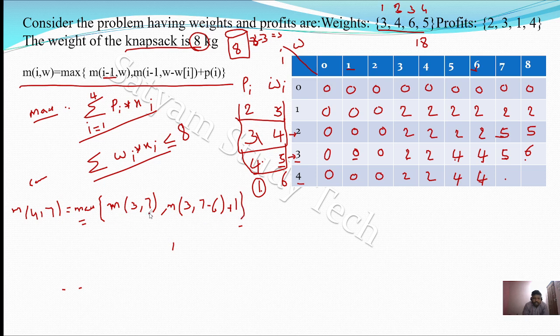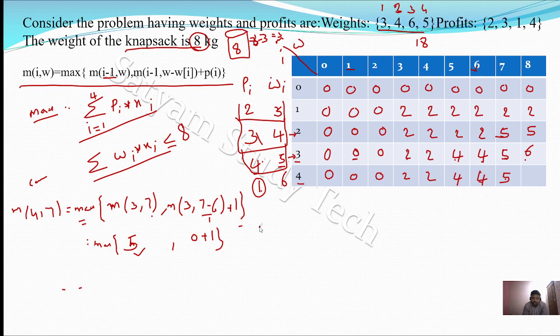So the m of 3 7, third row and seventh column, the value is 5, so directly note down the 5. And m of 3 comma 1 value is 0, so 0 plus 1. Which is the maximum? This is the maximum, so you write 5 only.